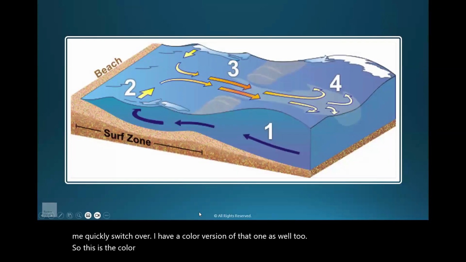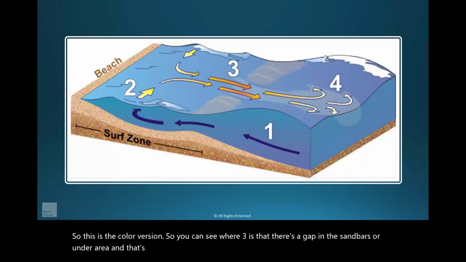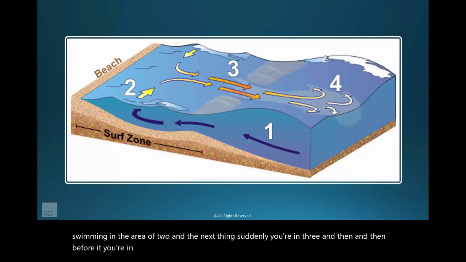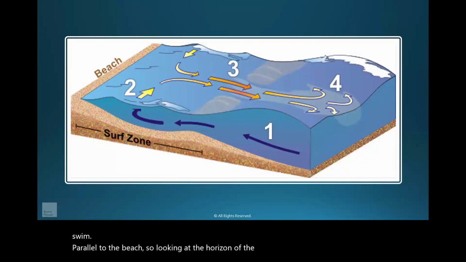So you can see where 3 is that there's a gap in the sandbars or under area, and that's where the water ends up being pulled out. And then so you're swimming in the area of 2, and the next thing you know, suddenly you're in 3, and then before you know it, you're in 4. And if you don't do the right thing, which is trying to swim parallel to the beach, so looking at the horizon of the beach, you're sort of swimming left to right rather than front to back.